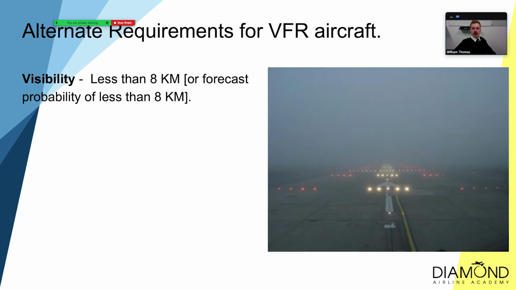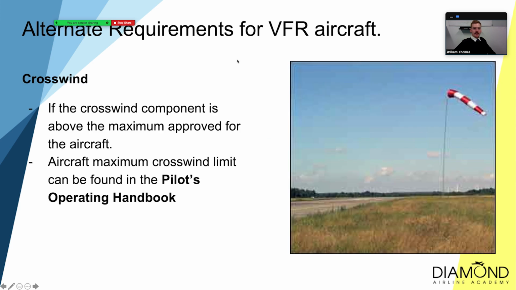Visibility, less than 8 kilometres, we require an alternate, or a probability of less than 8 kilometres. Crosswind, if the crosswind is greater than the maximum permissible crosswind component found in the aircraft's flight manual, then we also need to make provisions for an alternate or holding.